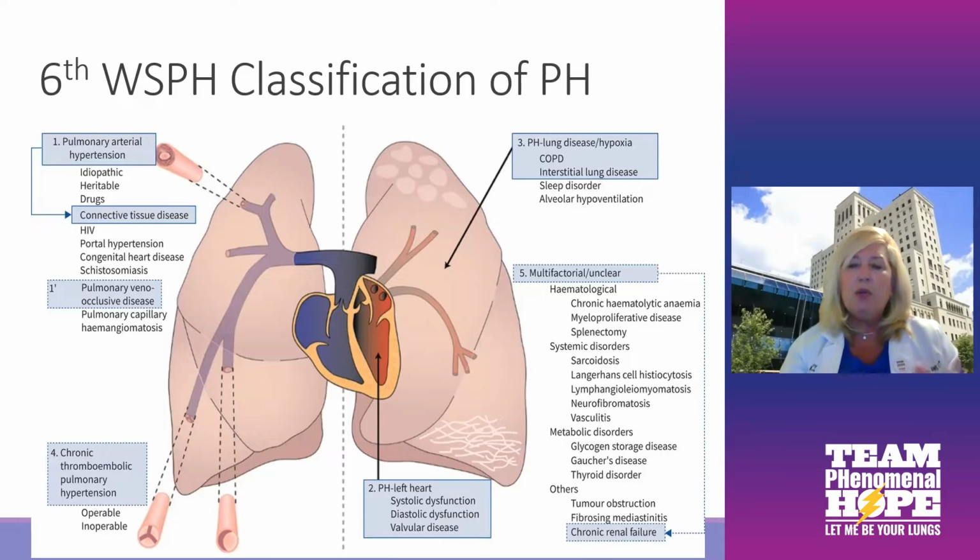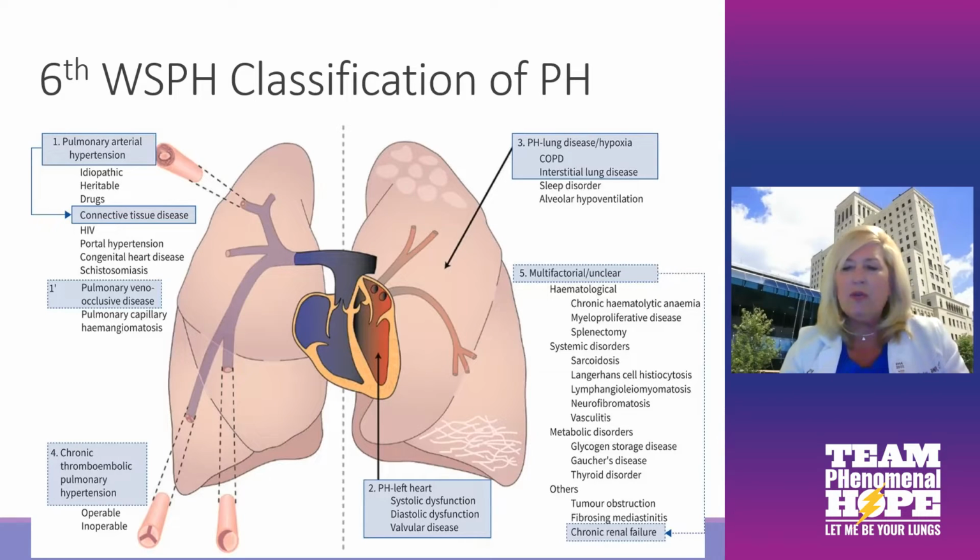But again, group 4 is the only group in this classification of pulmonary hypertension that actually has a cure, a surgical cure. So you can see how important it is to get a very efficient, quick workup so that we can treat these patients and get them to centers of excellence so that we can assess their candidacy, if you will, for surgery for a cure for chronic thromboembolic pulmonary hypertension.